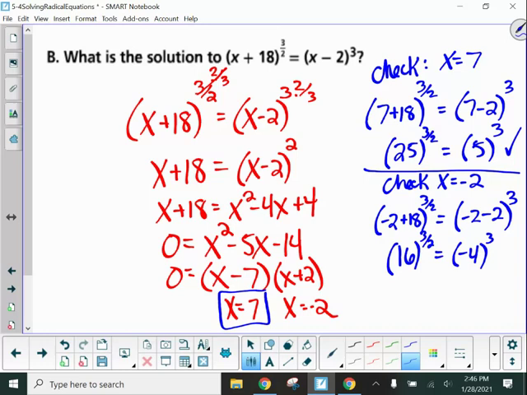Well, on the left, the square root of 16 is 4, and 4 cubed is 64. -4 cubed is -64. The negative and positive are not equal. So -2 is extraneous. It does not work.